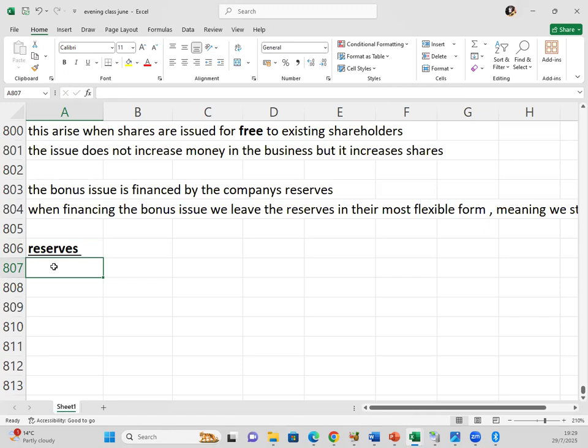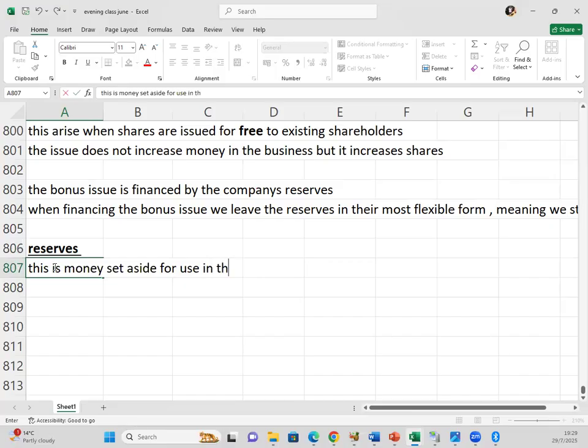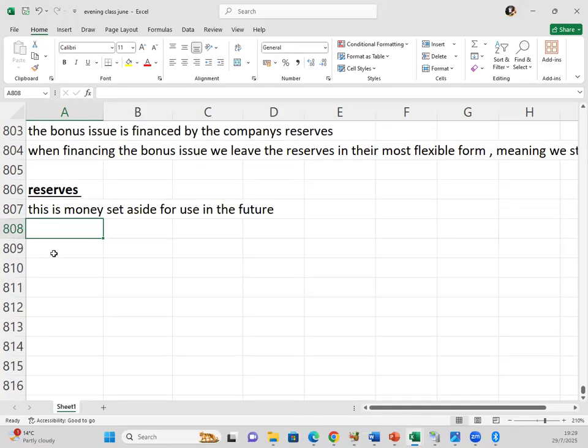This is money set aside for use in the future. We have set aside money in the business so that it can be used in the future. So the reserves are in two. We have reserves which are called capital reserves.